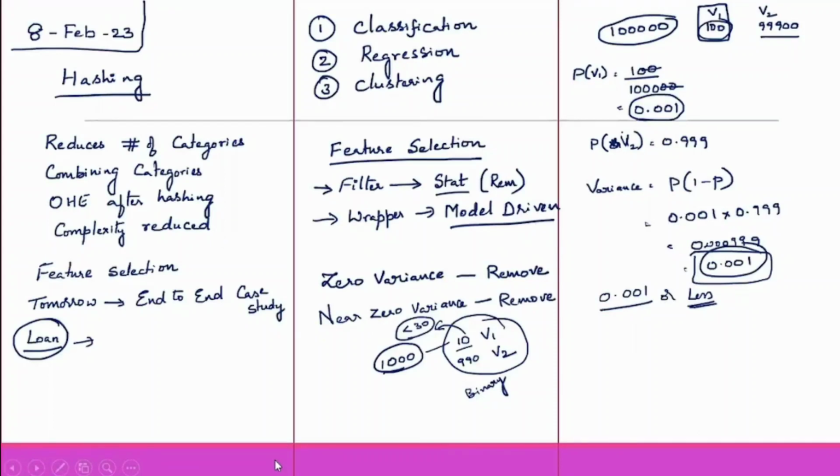Zero variance, definitely you should remove it. But if it is not zero variance but a very low variance, then also we should start removing that.